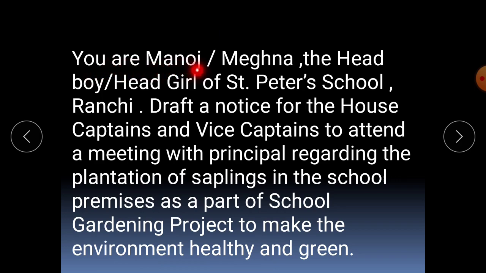You are Manoj or Meghna, the head boy or head girl of St. Peter's School, Ranchi. Draft a notice for the school house captains and vice captains to attend a meeting with the principal regarding the plantation of saplings in the school premises as a part of the school gardening project to make the environment healthy and green.